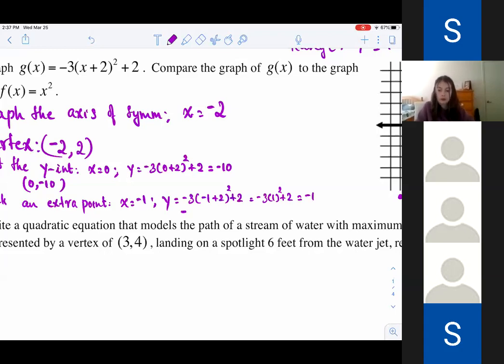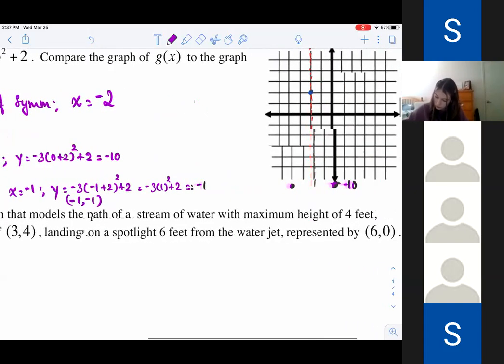So therefore, you got an extra point, which is (-1, -1). Did you all get (-1, -1)? Yes. Okay, let's plot that now.